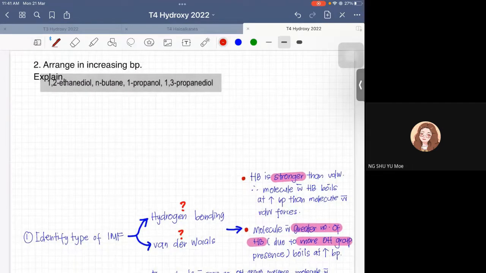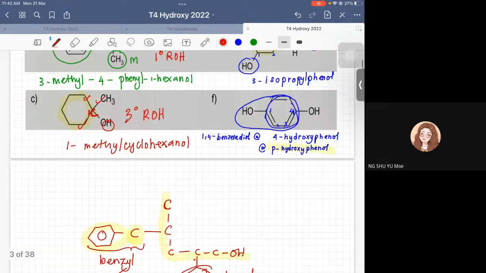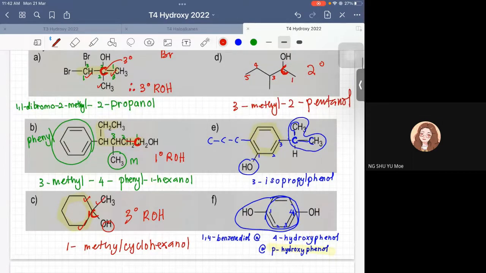Okay, after naming, classify and draw the structure. Actually ada soalan lagi? Nak tanya satu, C kalau tulis 1-methyl-1-cyclohexanol salah? 1-methyl-1-cyclohexanol. Macam tu. Okay, I said for cyclohexanol, it's not necessary to put the number of the OH.